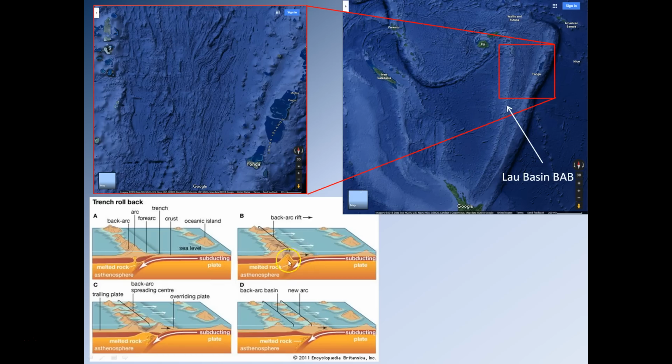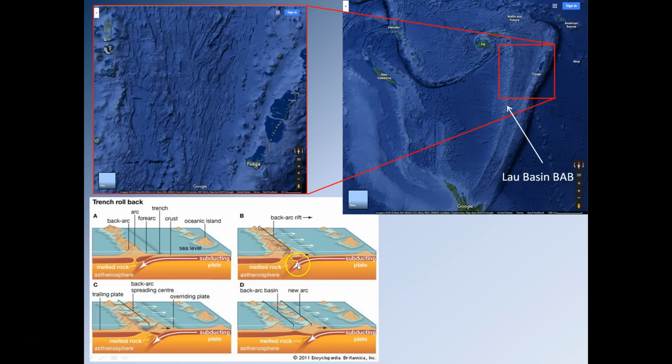As this crust begins to roll back and the angle of subduction becomes steeper, it means that you begin to open up a void between this piece of oceanic crust and the subducting piece of oceanic crust. Now that void has to be filled. And so in order to fill that void, what happens? Well, the volcanic arc has to stretch itself, has to extend itself to fill the void that's created. As it stretches itself to fill this void, that means that the island arc begins to go into extension. It begins to become stretched.